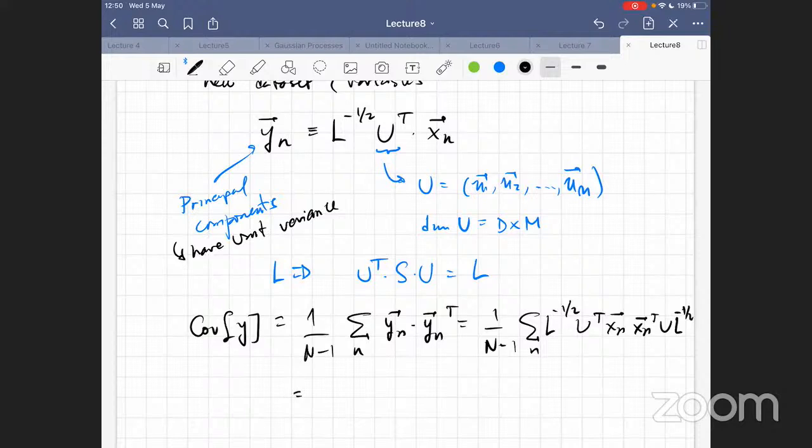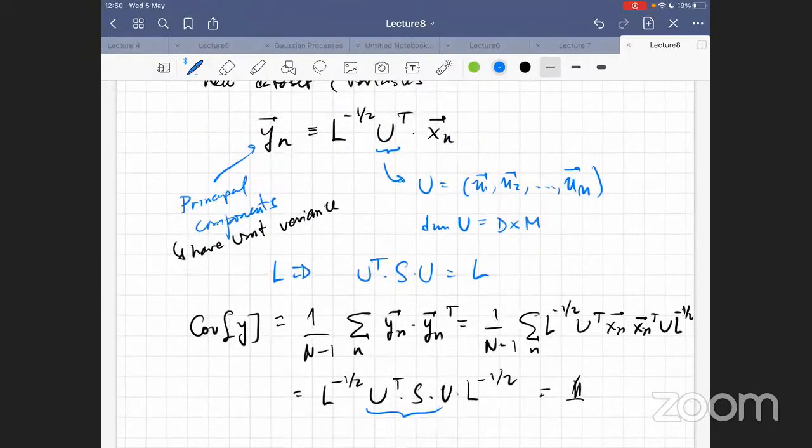So this is just L^(-1/2) U^T S U L^(-1/2). And by definition, this is 1, because this guy here, I told you, is L, right? So the covariance matrix of these principal components, or the transformed variables, or the transformed points, have covariance 1.